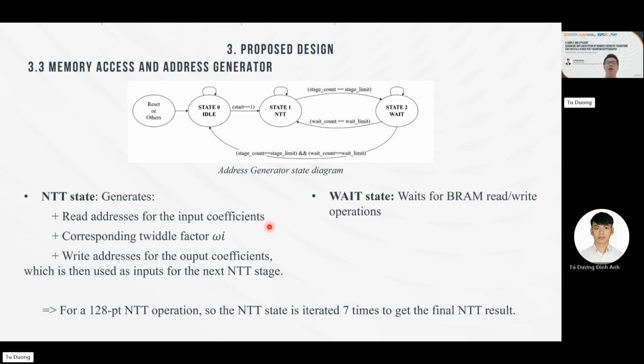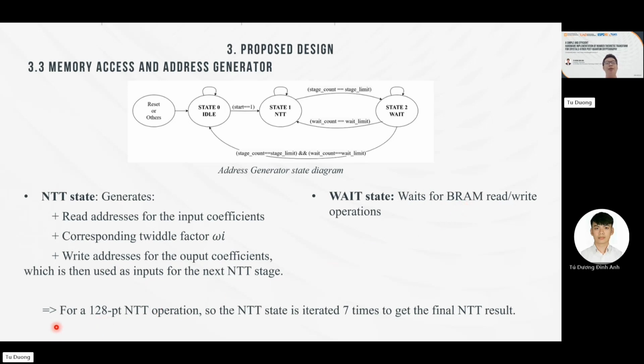After the NTT block generates the output coefficients, it generates the write address so that we can store the output coefficients to the RAM, and after that we use them as the input for the next NTT state operation. Because we need to iterate multiple NTT states, we need a wait state in between. It is used for the RAM read and write operation, so we need to wait for it.